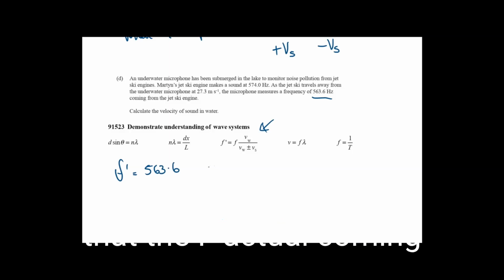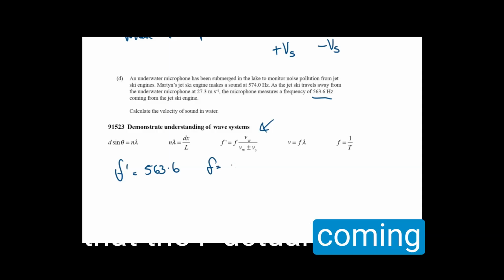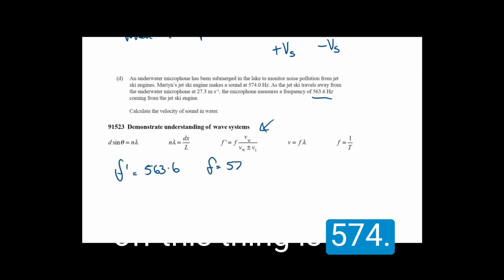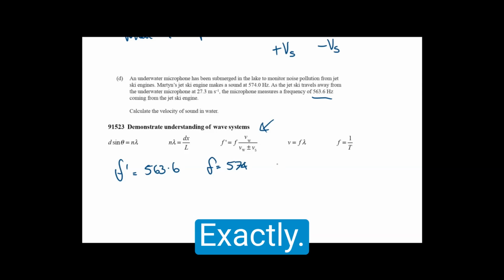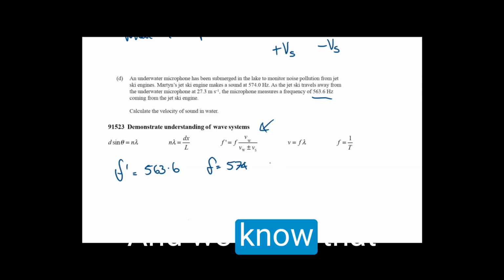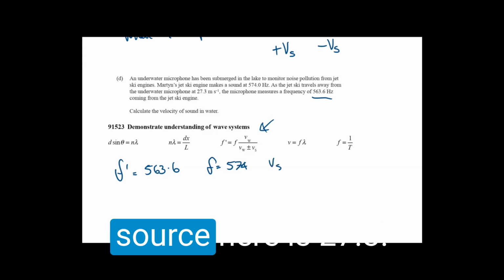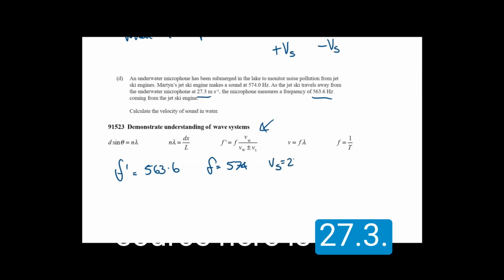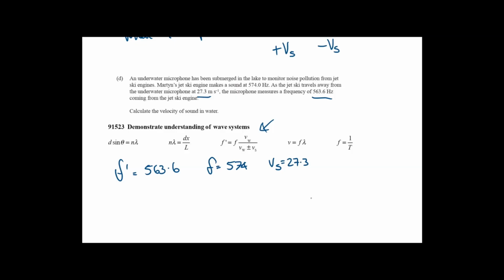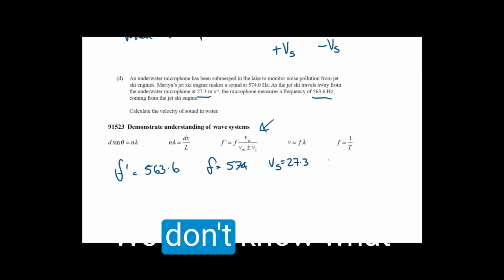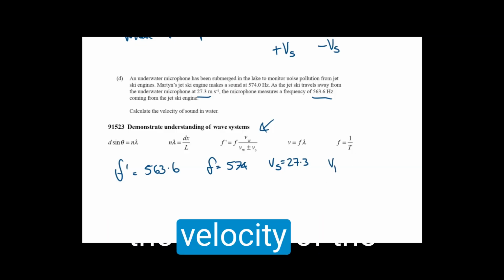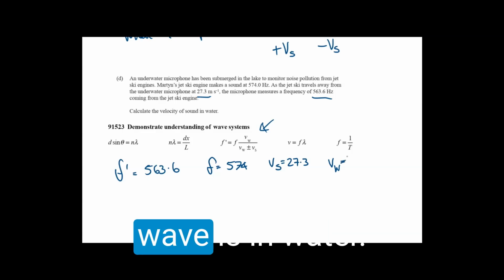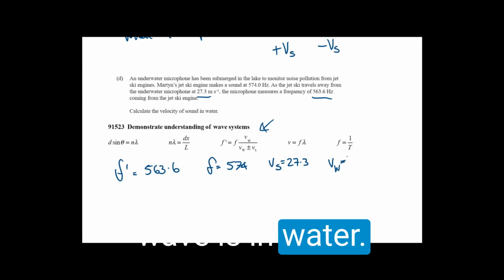And we know that the F actual coming off this thing is 574 exactly. And we know that the velocity of the source here is 27.3 meters per second. We don't know what the velocity of the wave is in water.